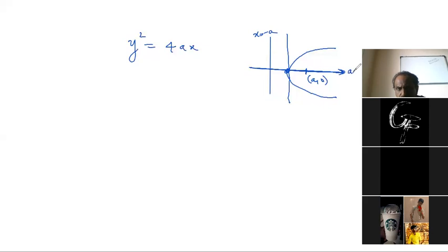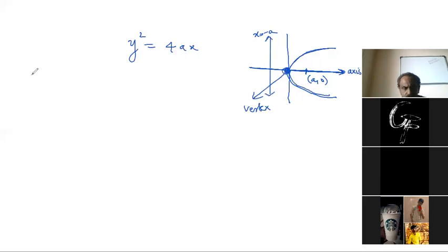So the axis of the parabola is the x-axis. Where does the parabola meet the axis? This point, no? And that point is called the vertex. So I'm using all definitions. Focus is defined, directrix is defined, axis is defined, and then I've defined the vertex.